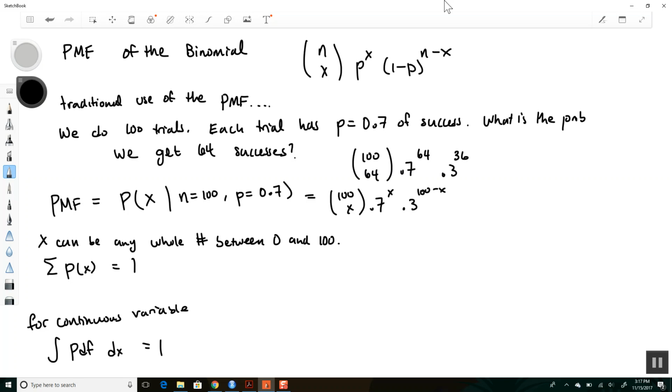Okay, the probability mass function is a function of what variable? It's a function of x, right? We plug in the different outcome and we say, what's the probability of getting this particular outcome? So the PMF is a function of x. The likelihood is going to look very, very similar, except, let me just back up.